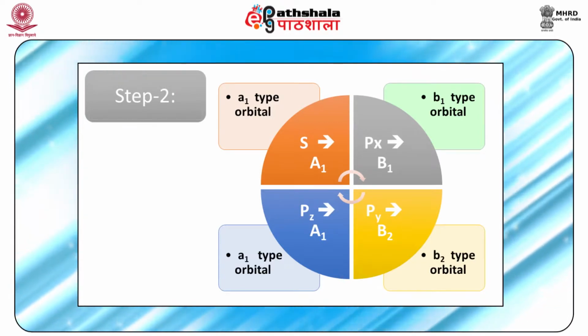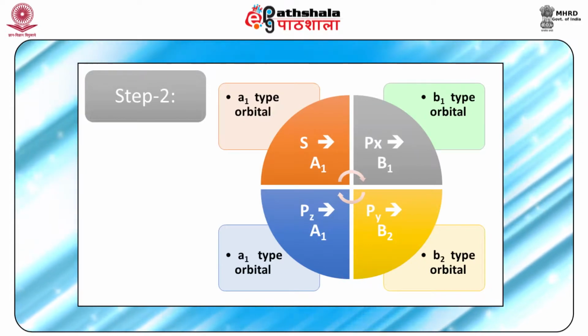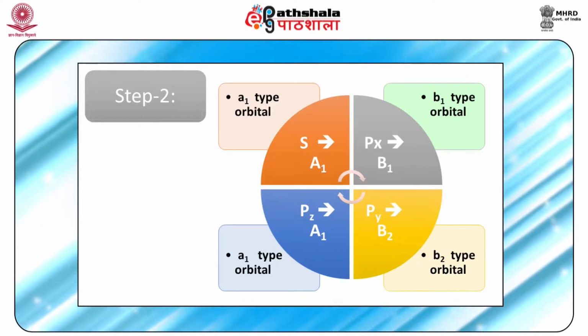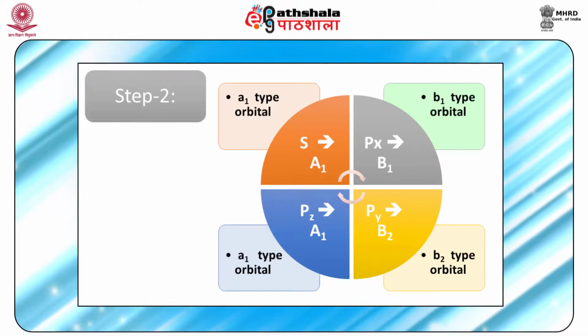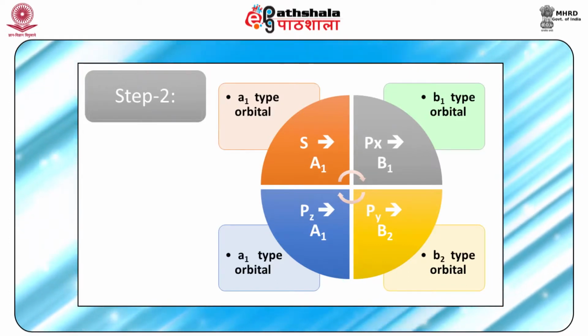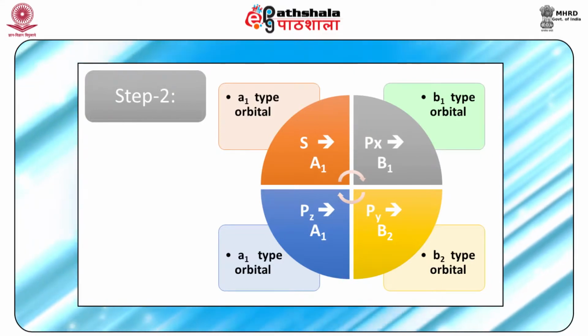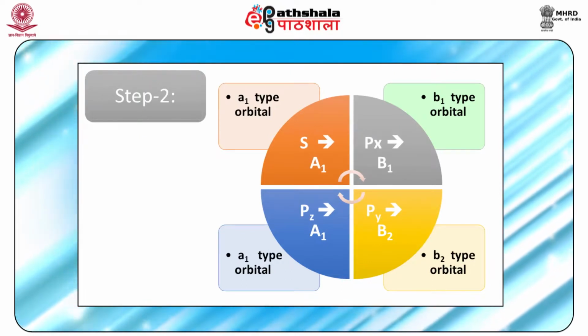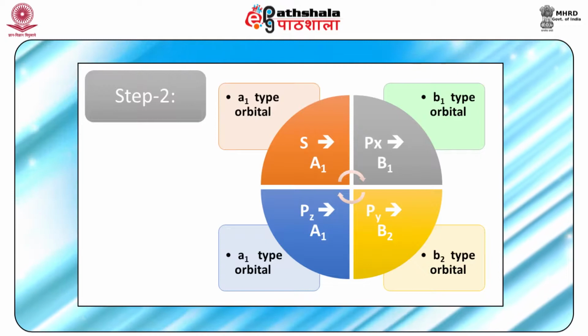Now here there is one more important point. The orbitals on the pendant ligand are written with small letters and symmetry is shown by capital letters. For example, s has symmetry capital A1 and the orbital is of small a1 type.